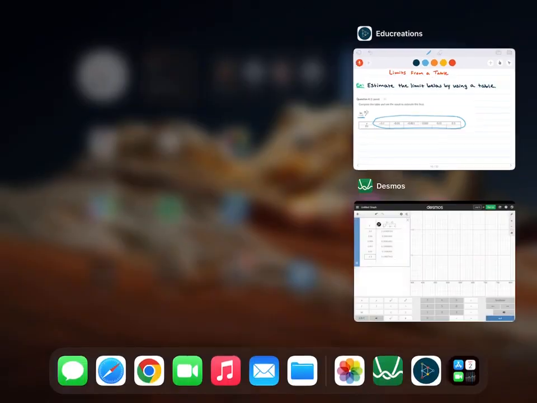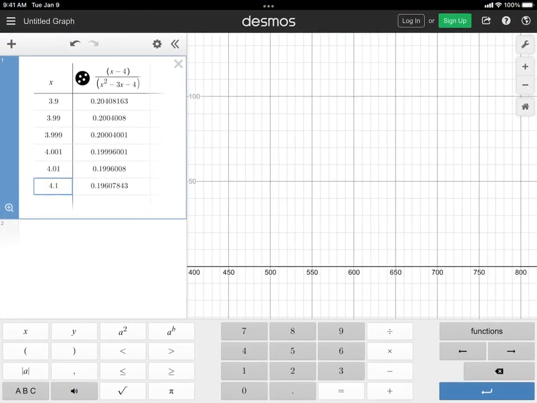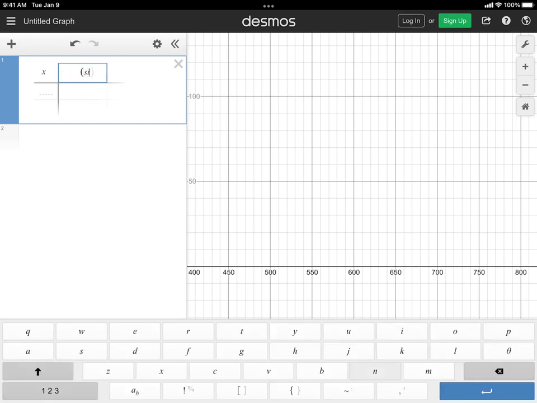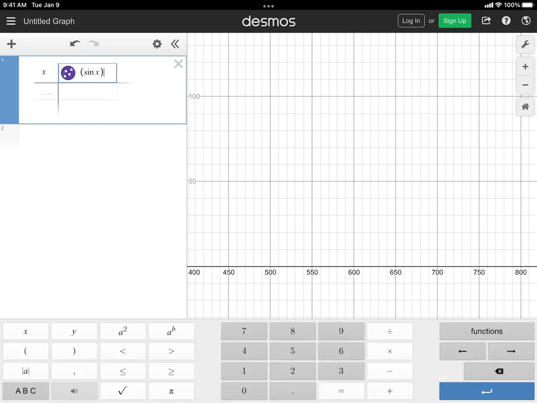So I'm going to again put my function in my table by pressing that plus sign, doing table, changing this guy to x, and changing y1 to, we're going to put this in parentheses, sine of x to the third. That's the same thing as sine to the third of x. And we're going to divide this by x to the third.